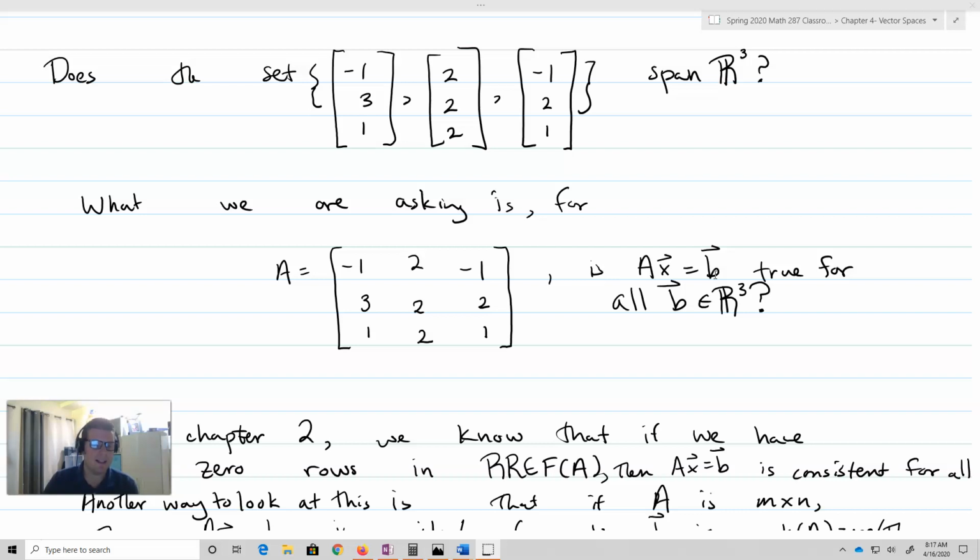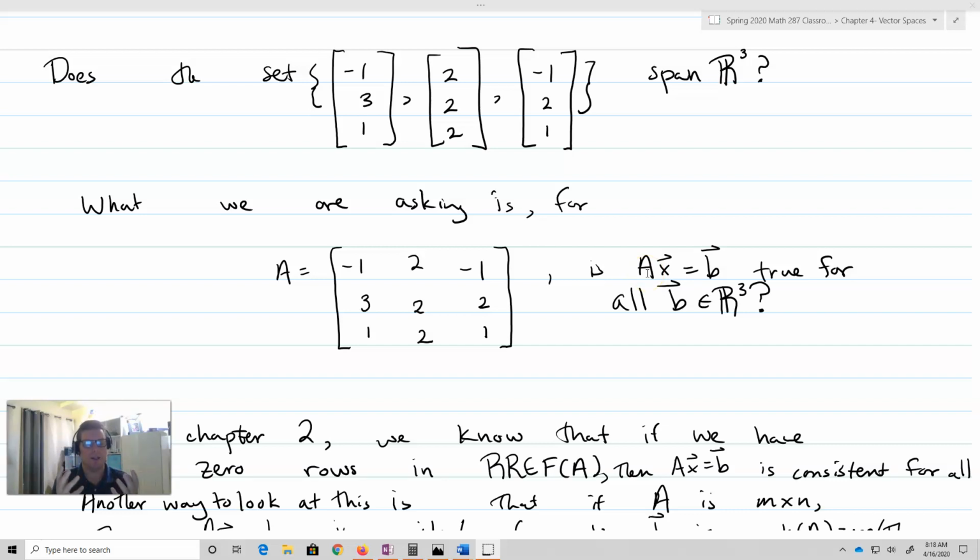Basically, if I row reduce A, am I going to get a matrix that tells me I'm going to have a consistent system for all B? We should ask ourselves, what would that look like?